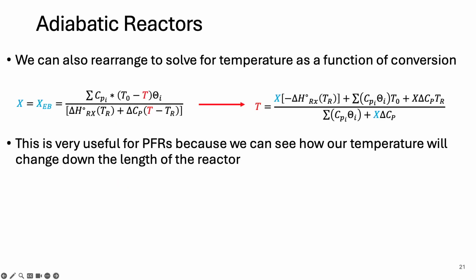We can flip things around and calculate how temperature changes as a function of conversion. This is actually what we set out to do, to understand how temperature changes as a function of conversion in, for example, a PFR, and then we can understand exactly how our temperature profile is changing along the length of our reactor as conversion is increasing.